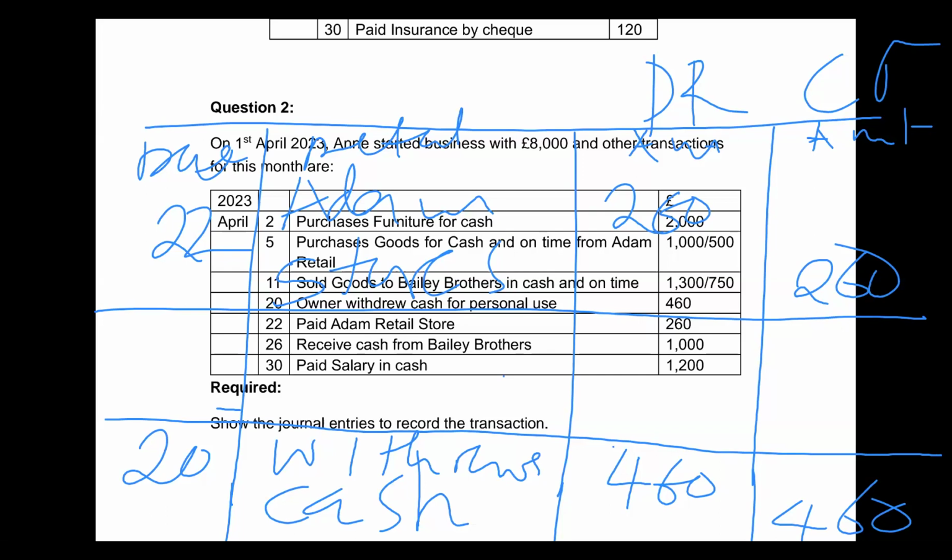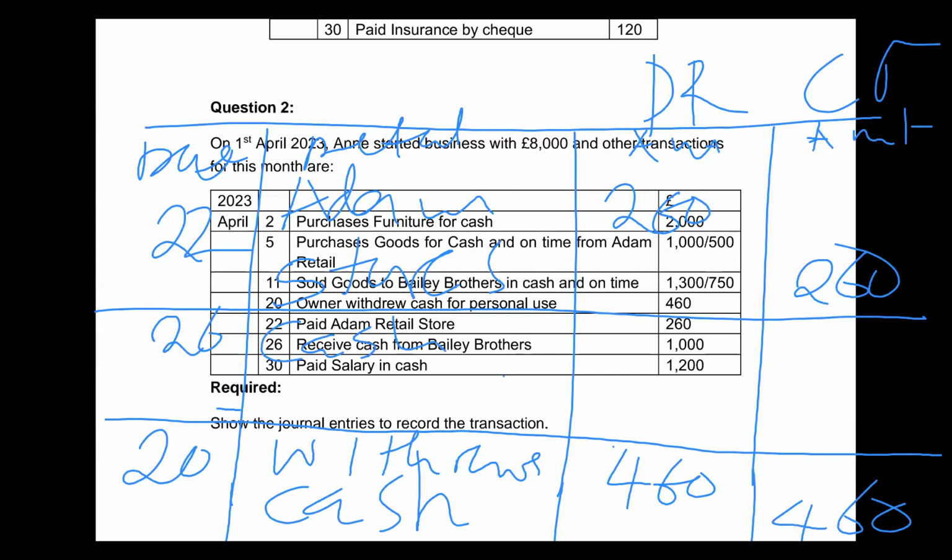Next transaction then. Next transaction is receive cash from Bailey Brothers. So the cash account is receiving, debited. Bailey will be credited, cash account will be debited.